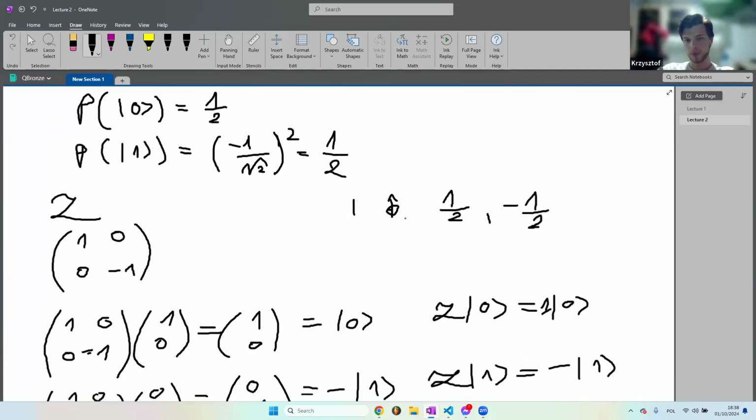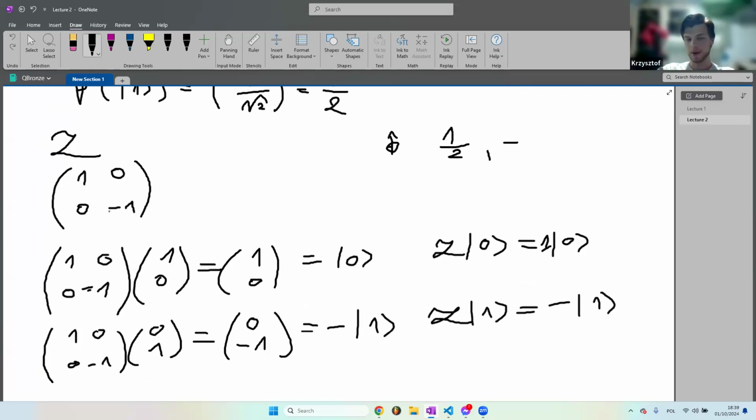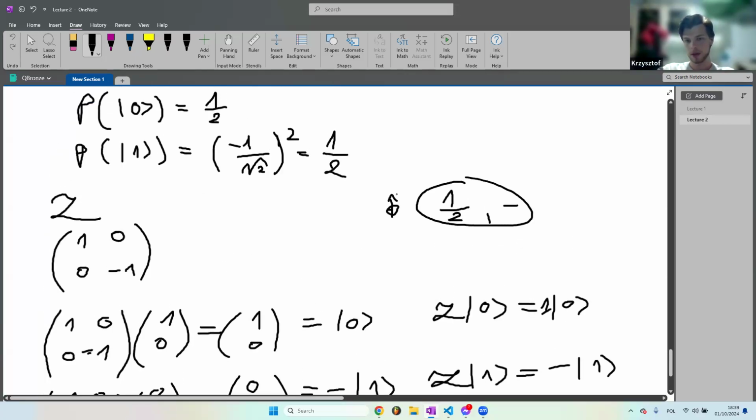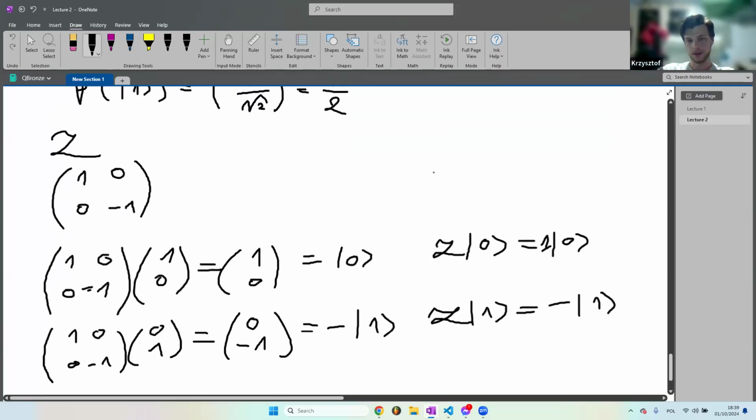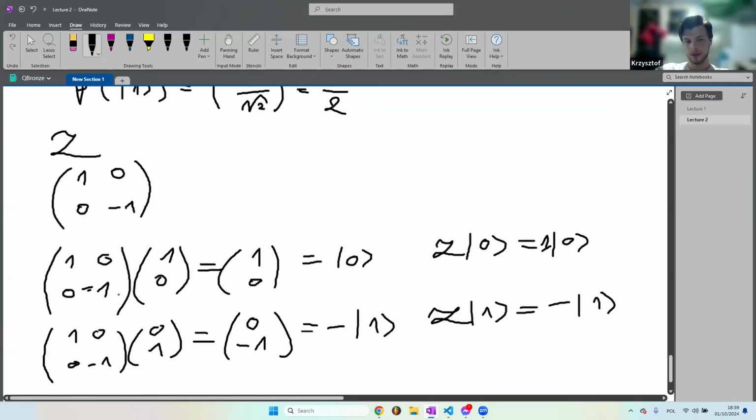And those operators, these Z, are also called Pauli matrices. The Pauli matrices operate on the spins of physical particles, and they define how those particles should behave. And that's why we put minus here.